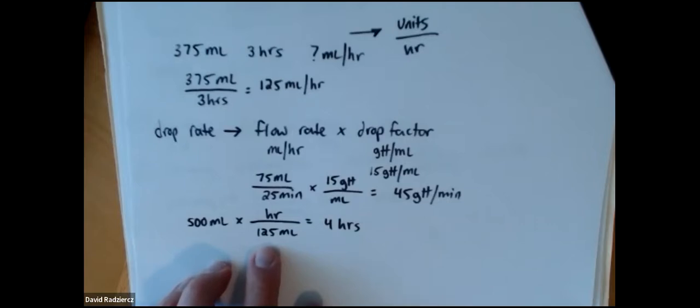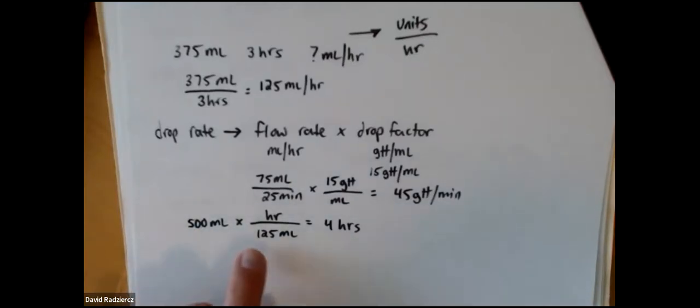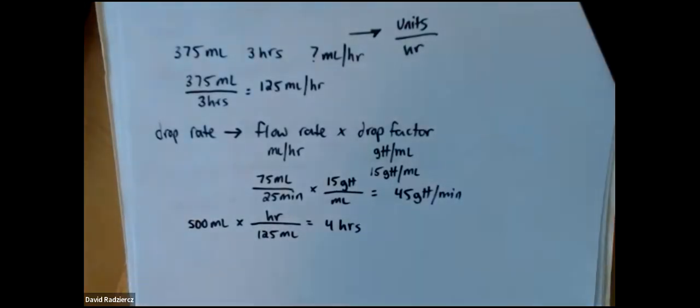So in 2 hours, 250 milliliters. In 3 hours, 375 milliliters. In 4 hours, 500 milliliters. So that would be one way to solve that question. Or what I recommend is you take your total IV volume, divide by the 125, and that'll tell you how many hours it will take to infuse.